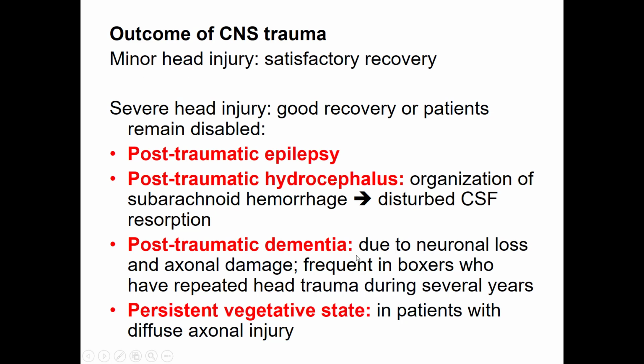And this has been researched and investigated quite a lot in the past years.